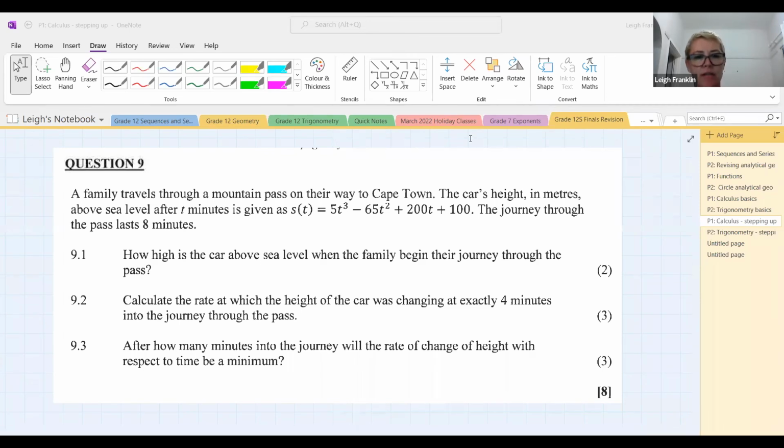So the car's height in meters above sea level after t minutes is given as so. The journey through the pass lasts 8 minutes. In 9.1, how high is the car above sea level when the family begin their journey through the pass? When they start their journey, how high are they above sea level?